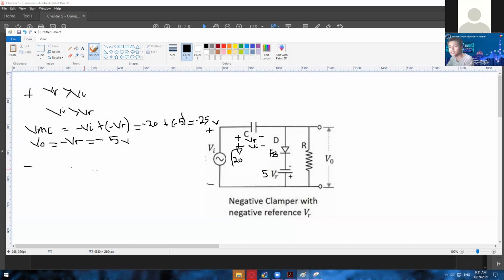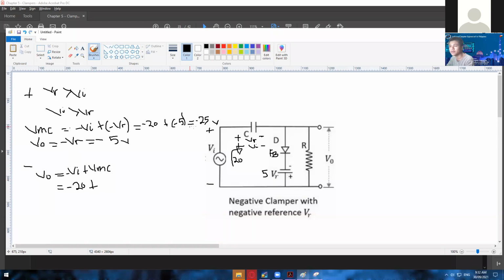Okay. And then during the negative half cycle, we only have one formula for this one, which is VO is equal to Vi plus VMC. And since we are now in negative half cycle, our Vi is also negative. So negative Vi, negative 20 only, my bad, since we have just 20.